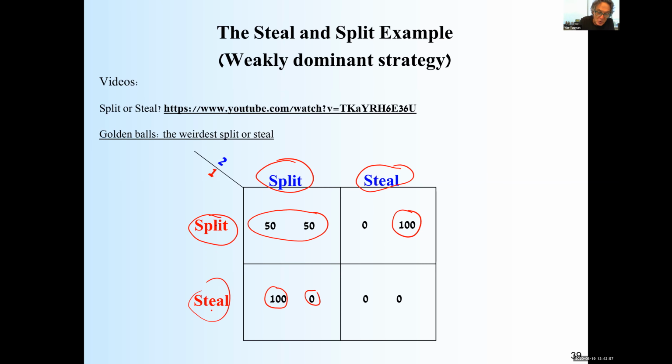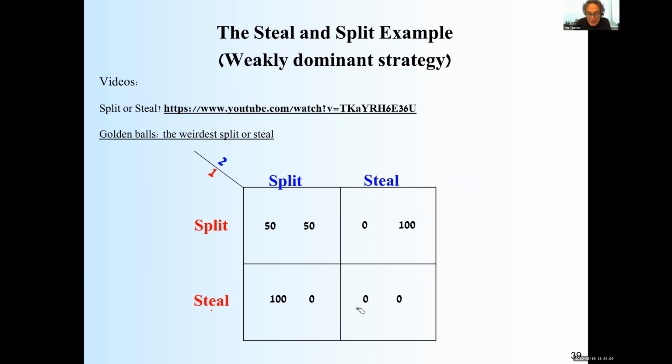So now let's look at the outcomes, and we can see that steal is a weakly dominant strategy. Why? 100 is more than 50, and 0 is 0.